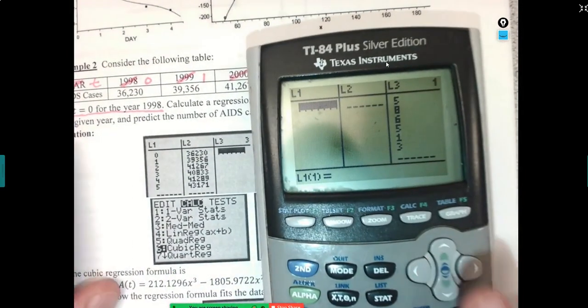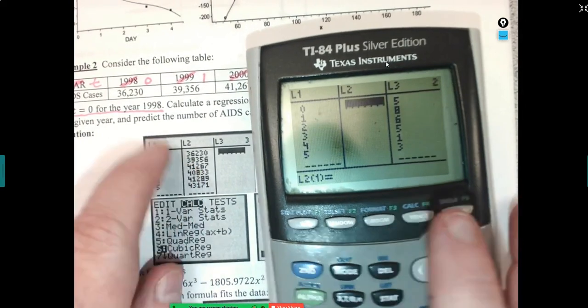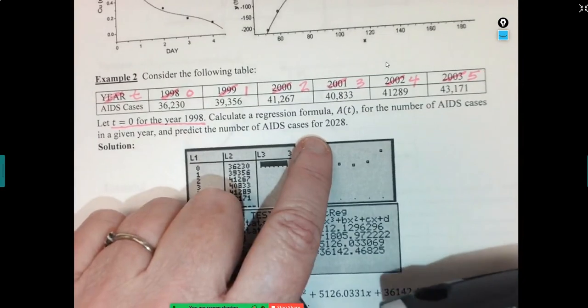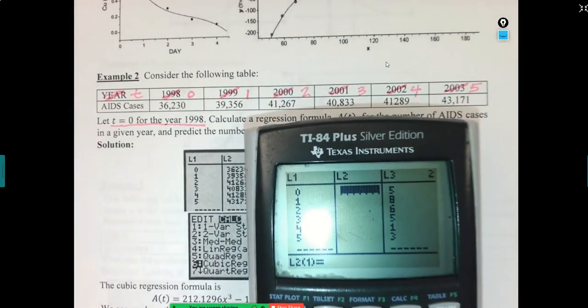I'm going to put in my t values like we were told to do. And then I'm going to come over here and put in the number of AIDS cases for my list 2. I have to be extremely careful on this one.